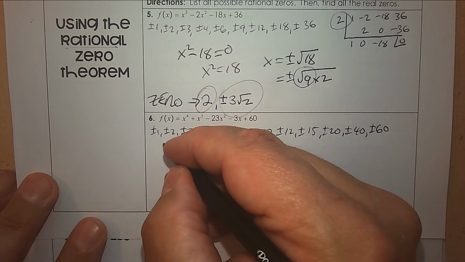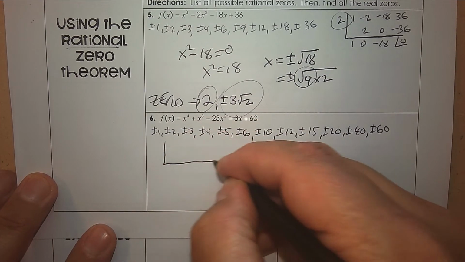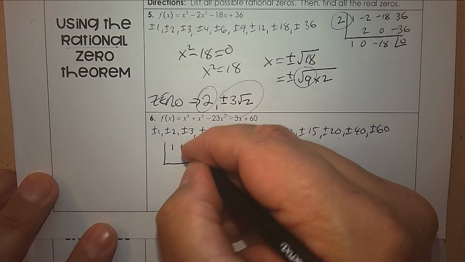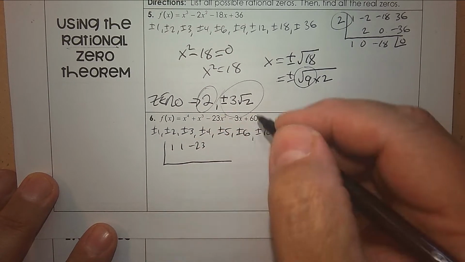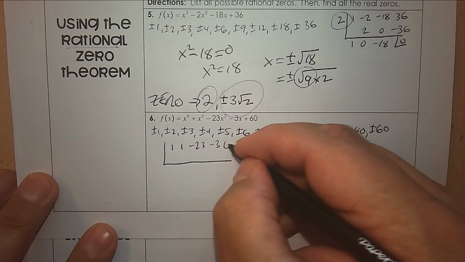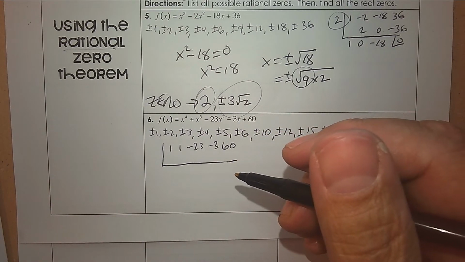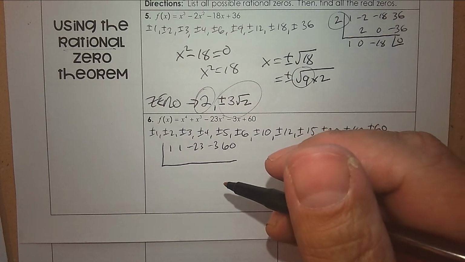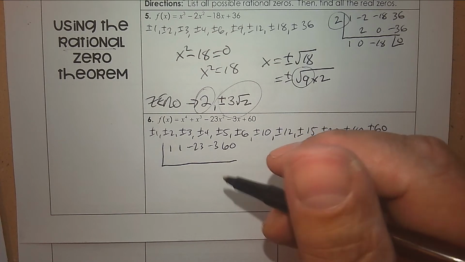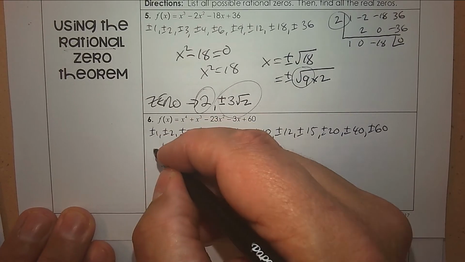Then we're going to do synthetic division. And see, does positive 1 add up? No, it doesn't add up to 0. So we're going to pick a number that will work. So you're going to have to test it out.